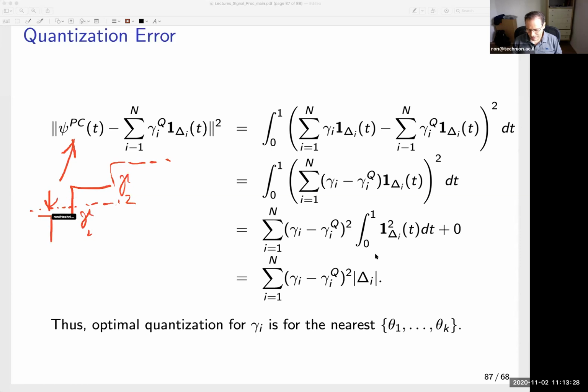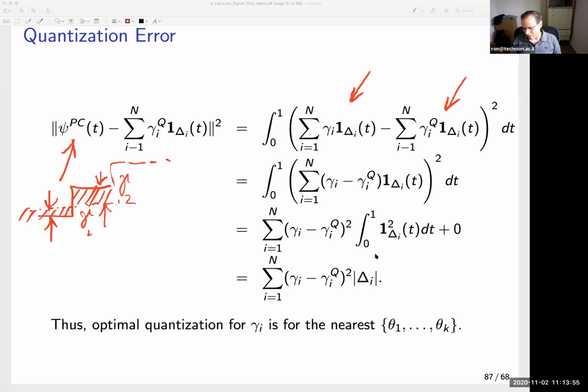I mean, what would be the subtraction of each and every, I'm now looking for the area that I'm introducing by representing my piecewise constant function by quantizing the values of this function. So we write the piecewise constant function explicitly and the quantized version explicitly.